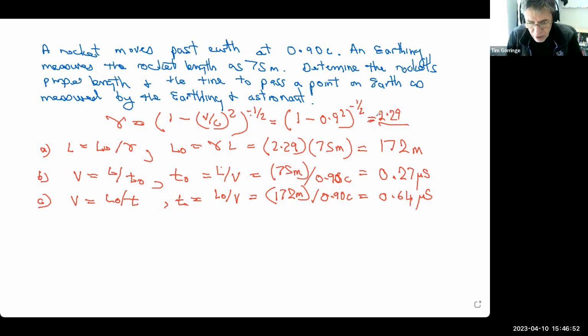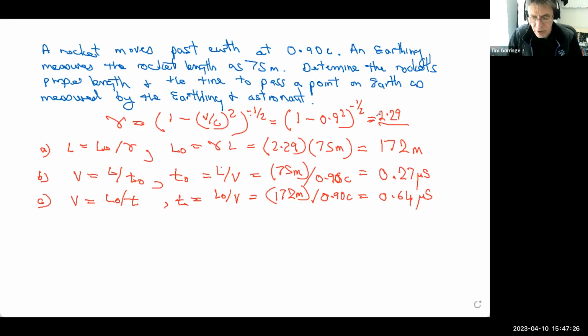And so that's a conclusion of our little problem involving length contraction and also time dilation. Solving that problem, the challenge, I think, is understanding, from these 2 observers in these 2 different frames, the astronaut and the Earthling, who's seeing the proper time, who's seeing the dilated time, who's seeing the proper length, who's seeing the contracted length.